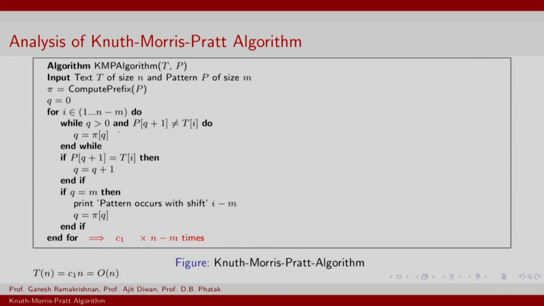However, there is this additional backtracking. This might create a problem. However, one can show that the number of backtrackings is going to be upper bounded by the length of the pattern itself. For the details, you can read the proof in CLR, the section on the Knuth-Morris-Pratt algorithm.